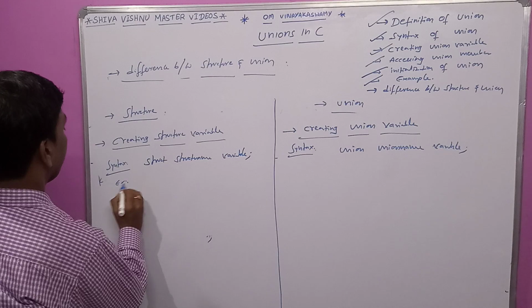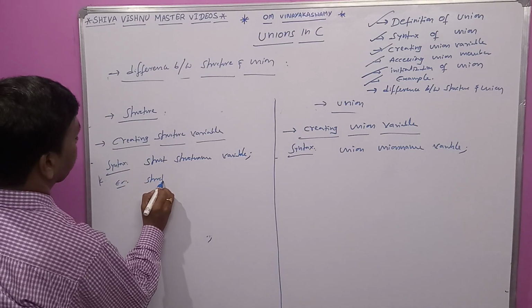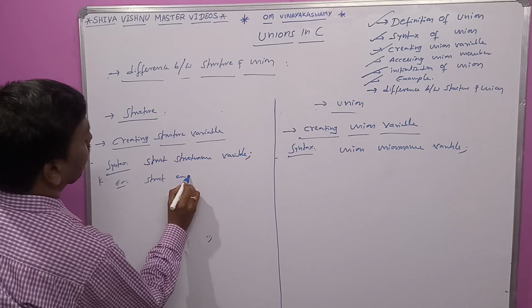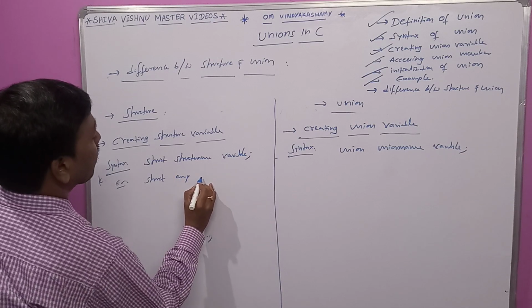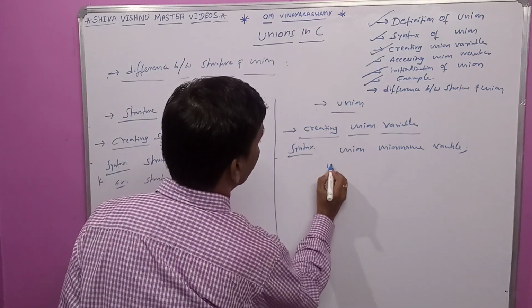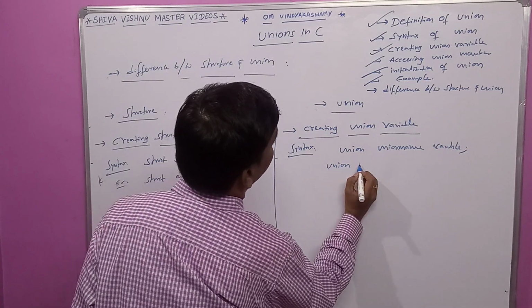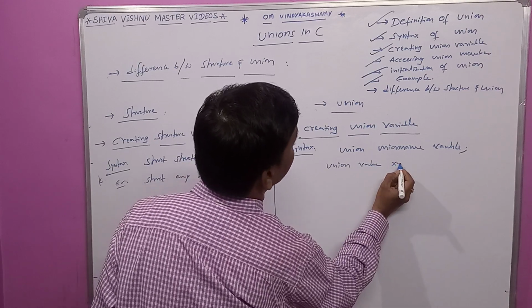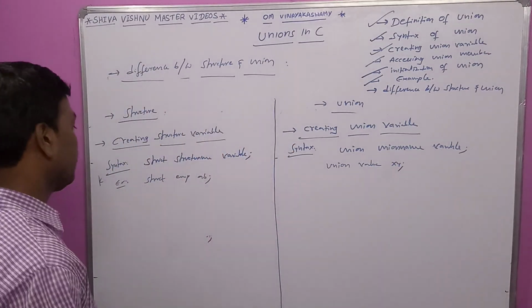You can write an example: structure name employee, variable ab semicolon. Here there is a union name, and you can take a variable xy.